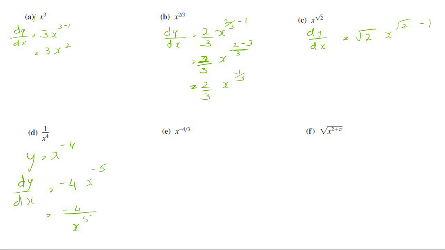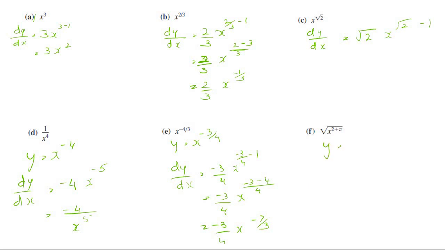If y is equal to x to the power minus 3 over 4, then dy over dx is equal to minus 3 over 4 x to the power minus 3 over 4 minus 1. So that would be minus 3 over 4 x to the power, with 4 as the common denominator, minus 3 minus 4, which is minus 7 over 4. One more question.